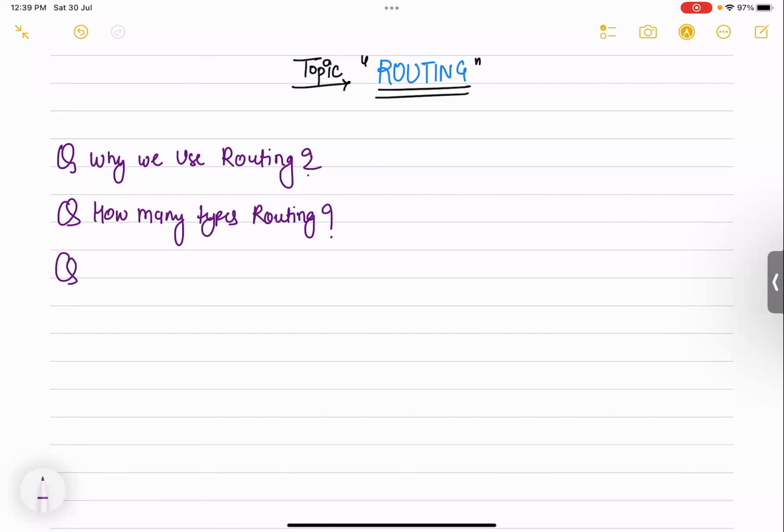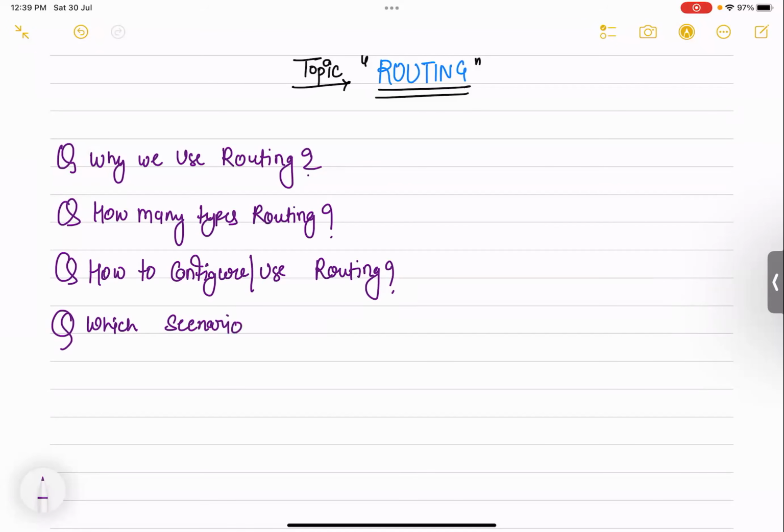Next question is how to configure or use routing. Clear? And the next question is in which scenario we use routing. Any idea for these four questions?